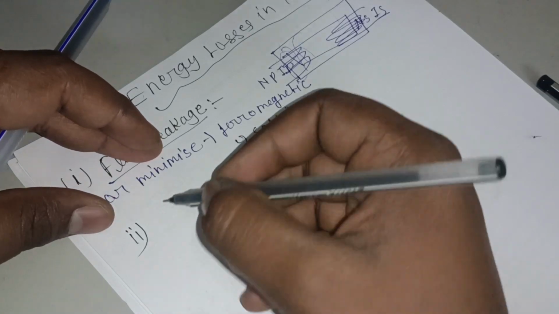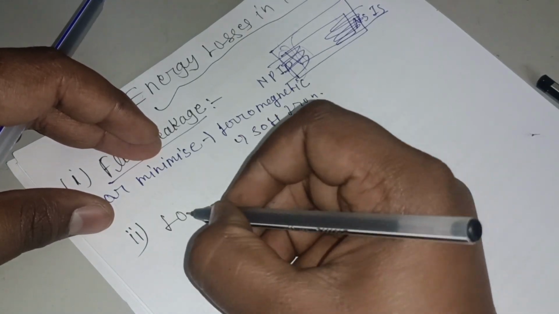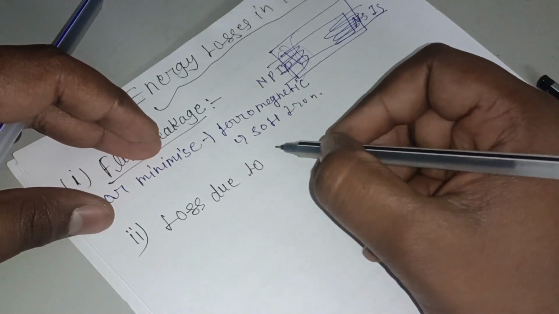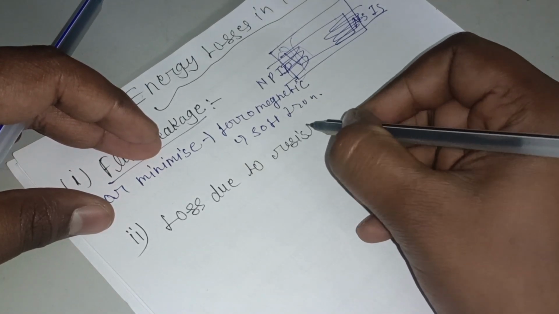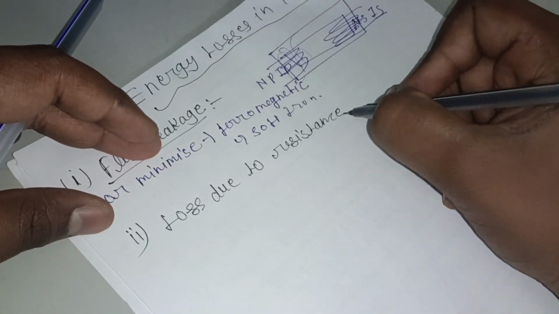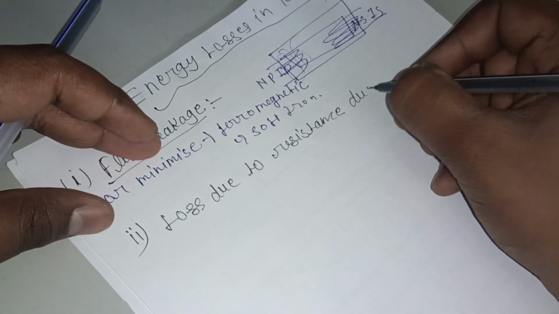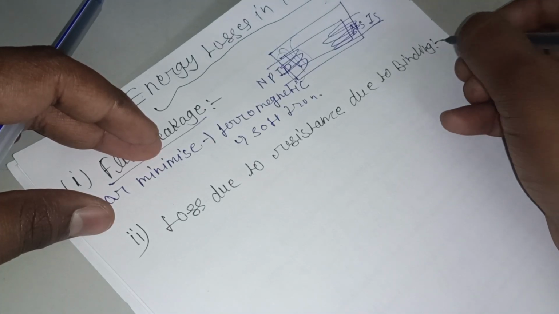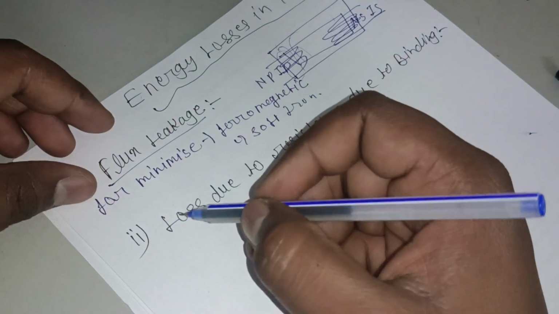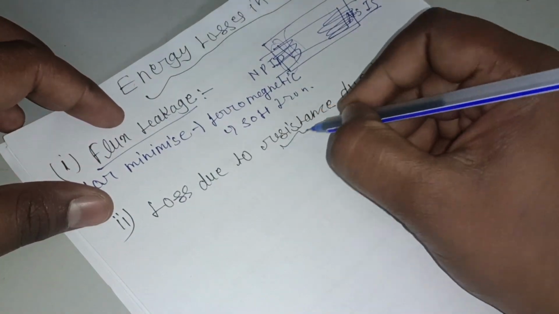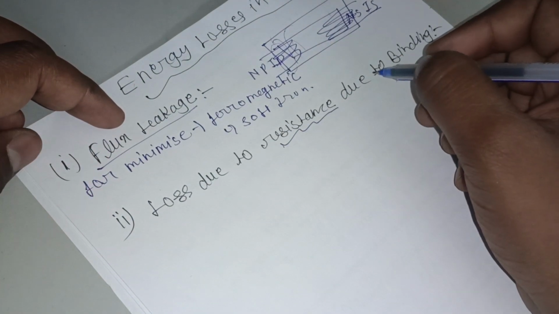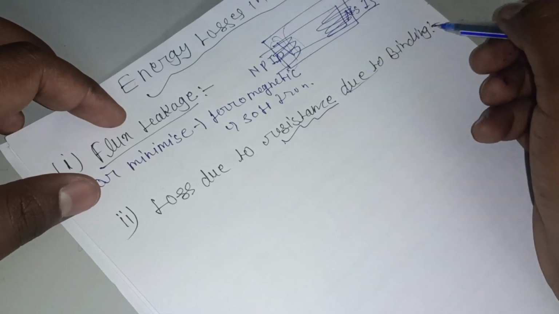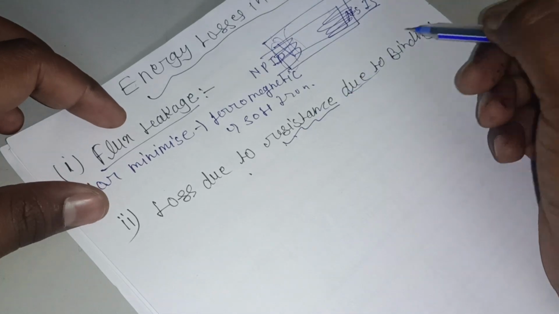Second loss is loss due to resistance in the winding. Okay, loss due to resistance is also there, and loss due to winding is also there.